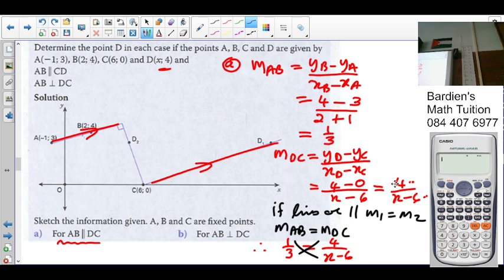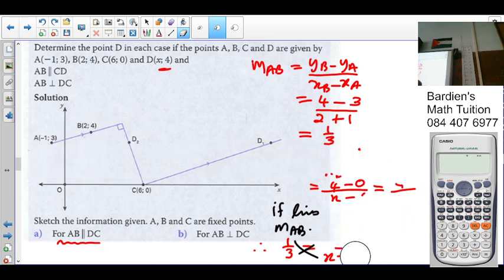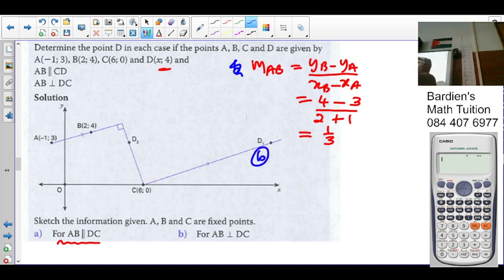So are we going to work it out again? No, there's nothing wrong with us yet. So we keep that. If this is your B part of the question, we just start from there. We know that the gradient of AB is a third. You don't do a calculation again.